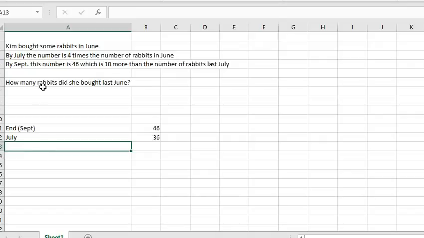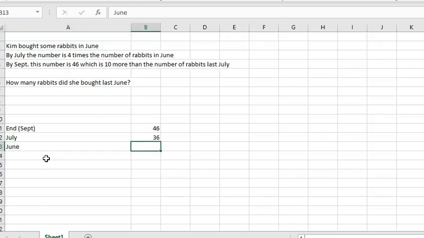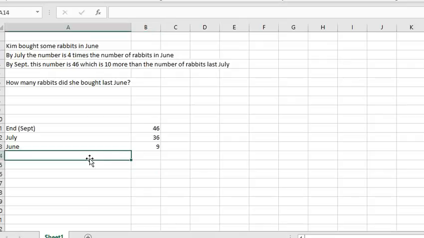And then, by July, the number is 4 times the number of rabbits in June. So meaning, the number of rabbits in June is 36 divided by 4, which is 9. So therefore, our conclusion is that she bought 9 rabbits.